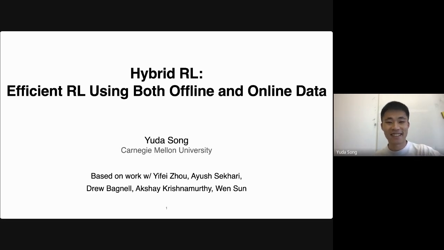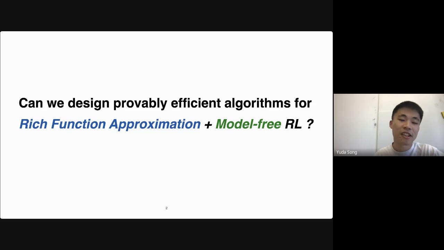Okay. Now let's jump right in. We can start with the following question. Can we design provably efficient algorithm for rich function approximation and model-free RL? Okay, so why specifically these two settings? For the first part, as the RL theory community evolves, we are having better and better understanding on the canonical problems.